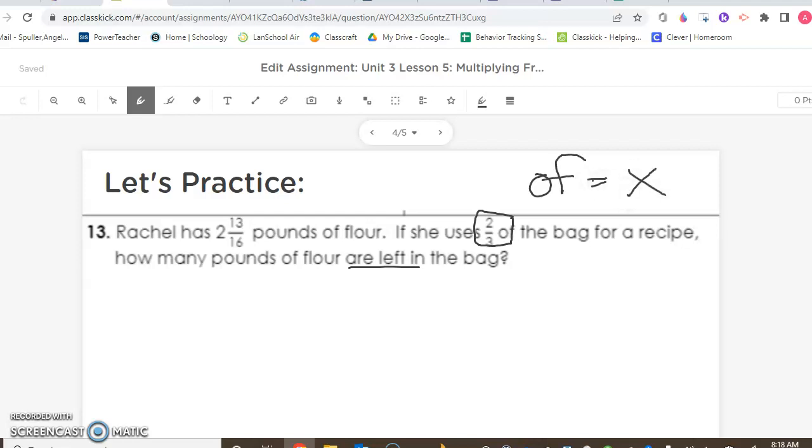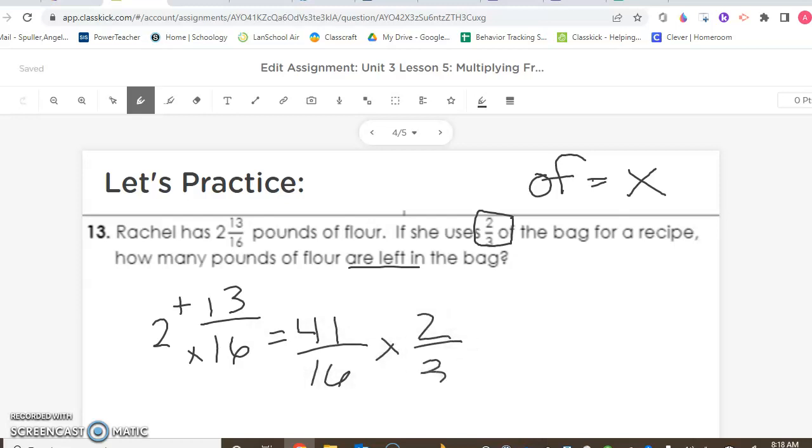So let's change 2 and 13/16. That'd have been 41 over 16 times 2 over 3.